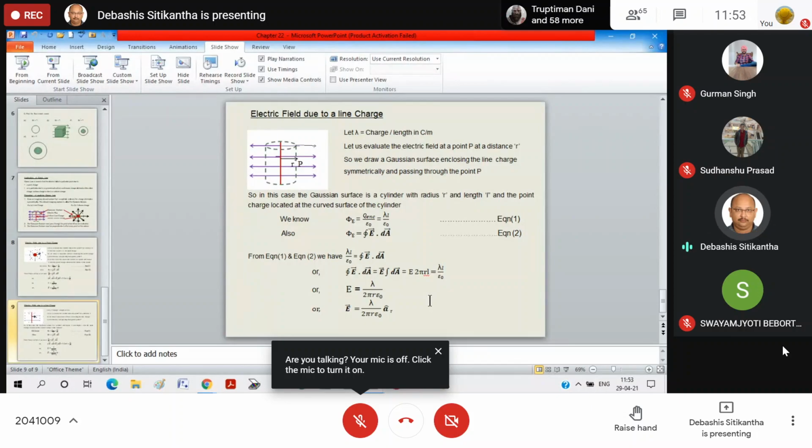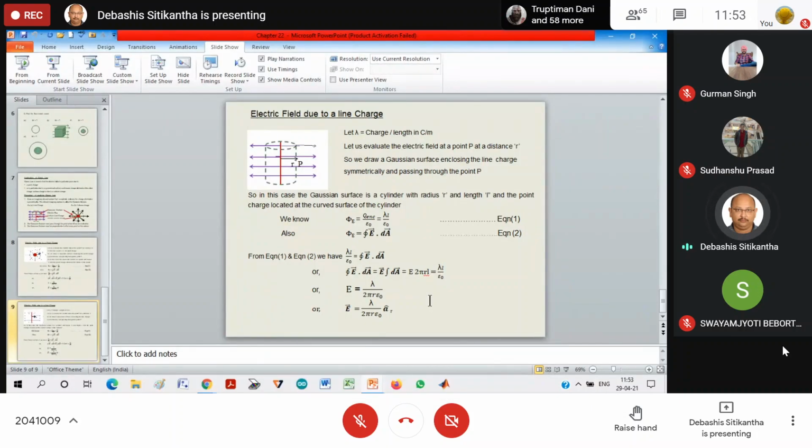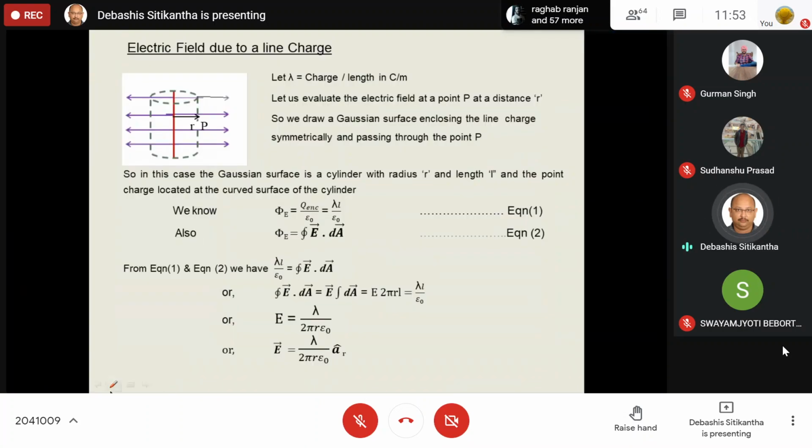Now let us see how we have done it. Electric field due to a line charge. Let lambda be the charge per length in coulomb per meter. Let us evaluate the electric field at the point P at a radial distance of r from the straight line.